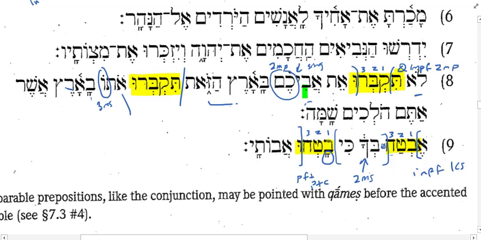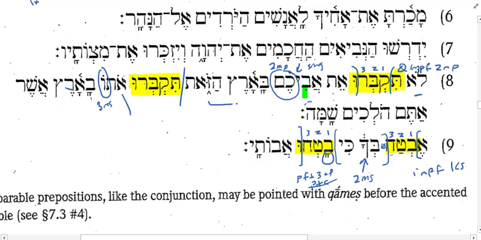Holum, that's right. The second reason I know it has to be perfect is because I've got a shurik at the end. Shurik is a personal ending on the perfect. Is shurik any of the participle endings? No. No participles end with shurik, right? That is part of the perfect personal ending structure. It's perfect 3CP, not participle.